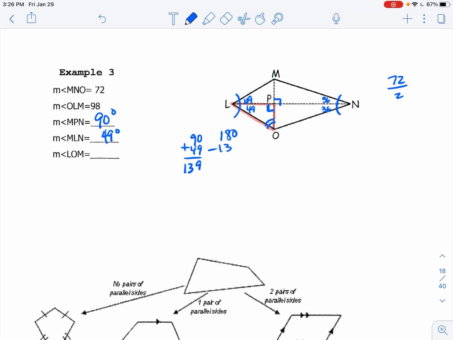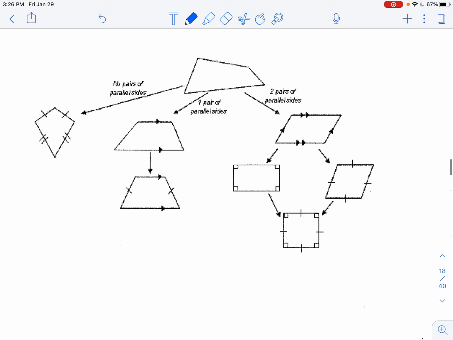If I subtract that from 180, what did I do? How about just 51? Let me see, did I do my math right? Oh my goodness, that's terrible. Sorry. Make that a 7. How about 41? Wow, sorry guys. It's late on a Friday afternoon.